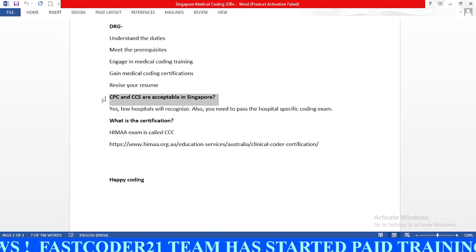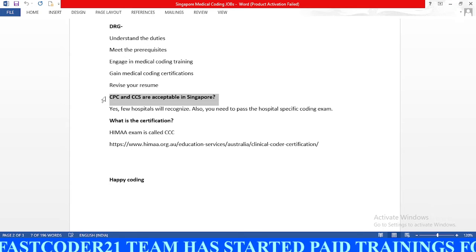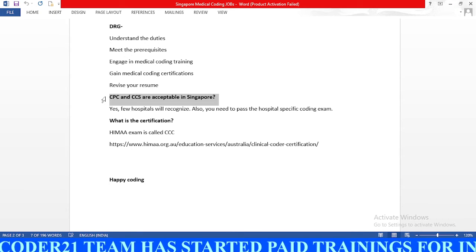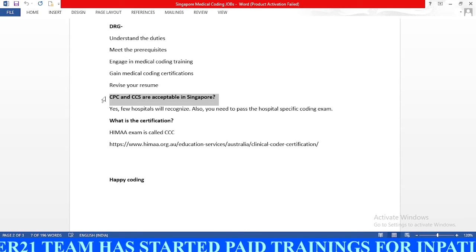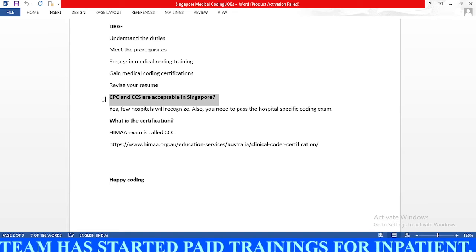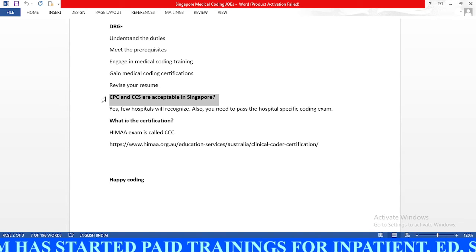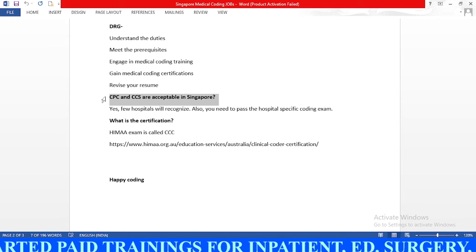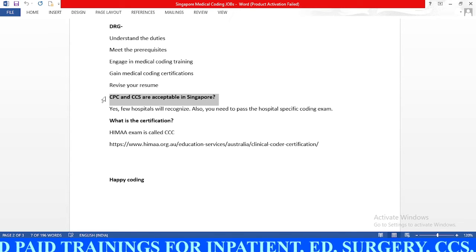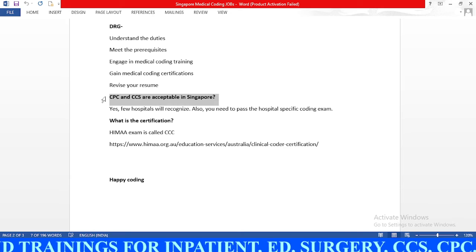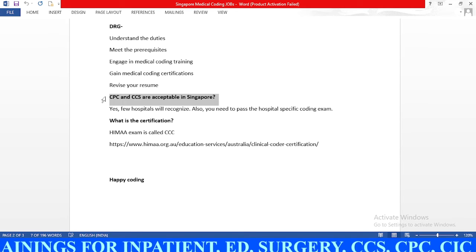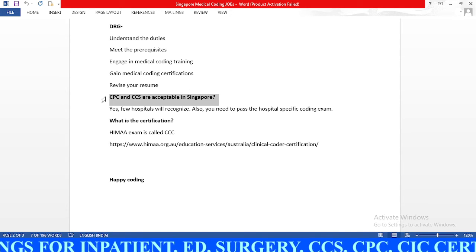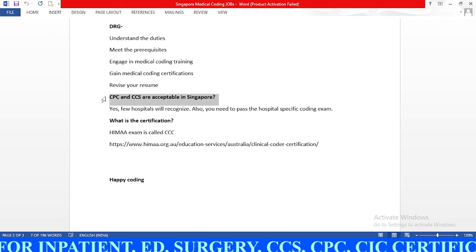If you know CPT, you need to learn ACHI. Why? ICD-10 CM and ICD-10 AM are mostly similar, as there is a 20 to 30% difference between CM and AM. But ACHI is completely different. You need to learn ACHI, which is used in Singapore for procedural coding using Australian coding sets.